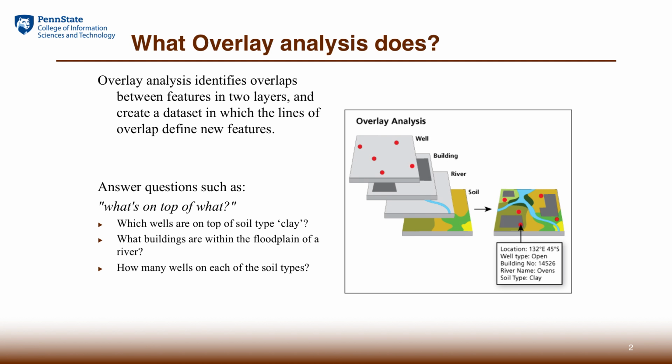In order to do that, we can figure out an overlay of these two themes, soil type and water well, and then do the attribute integration through overlay connection. We could also look at statistics, such as how many of one thing are inside another thing. These kinds of questions are very common in spatial analysis.